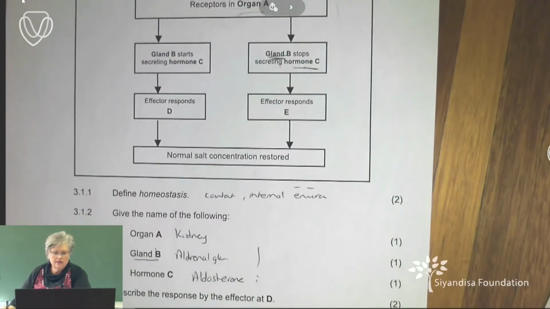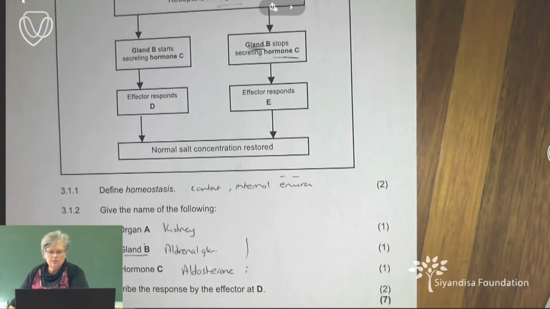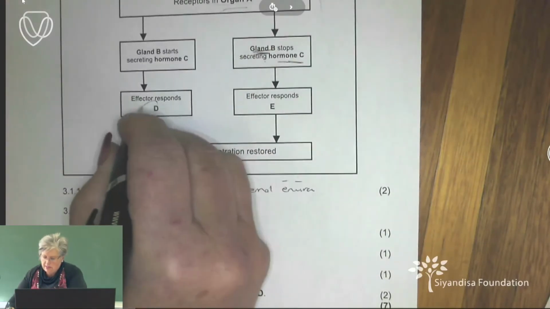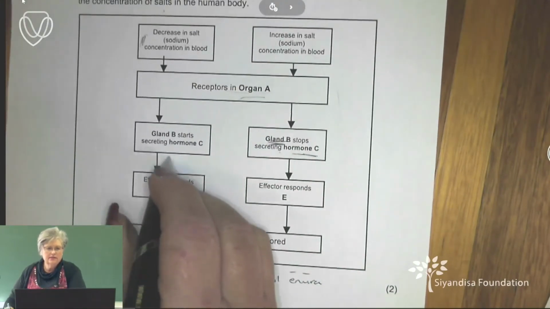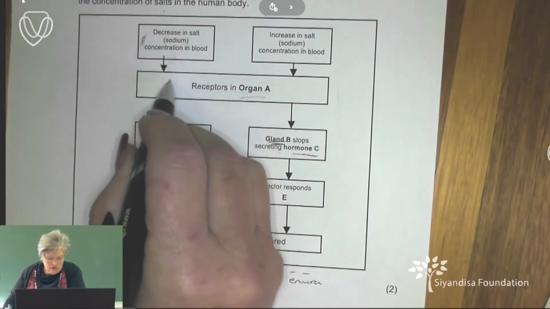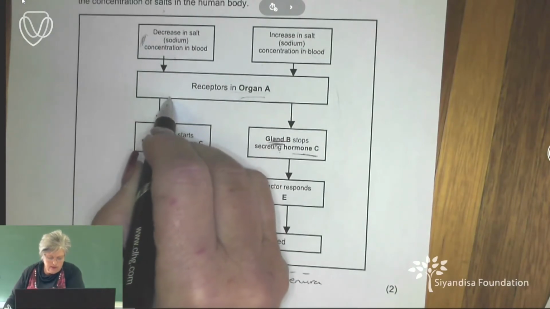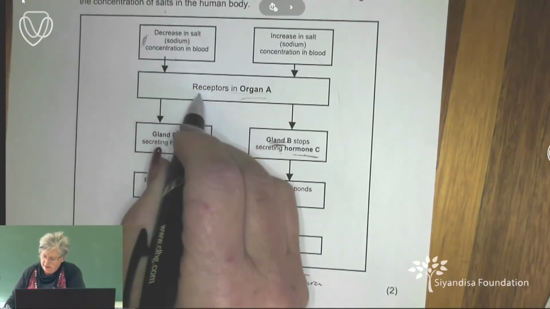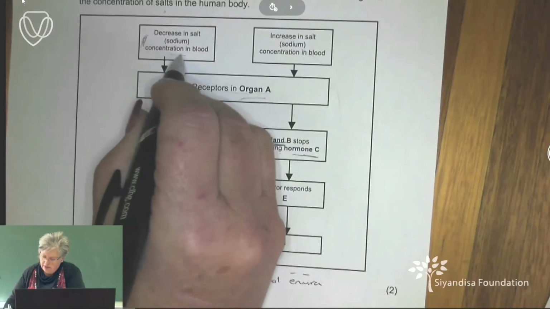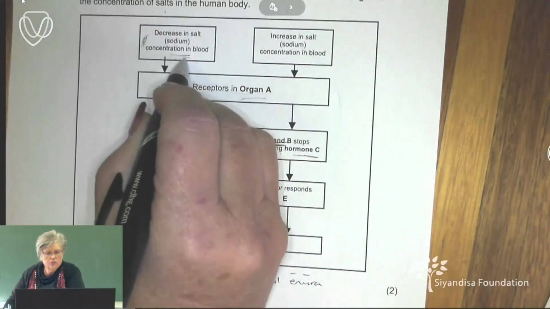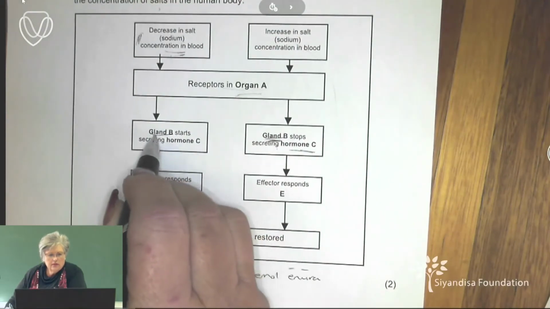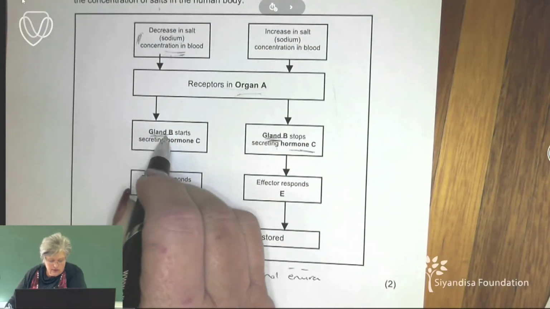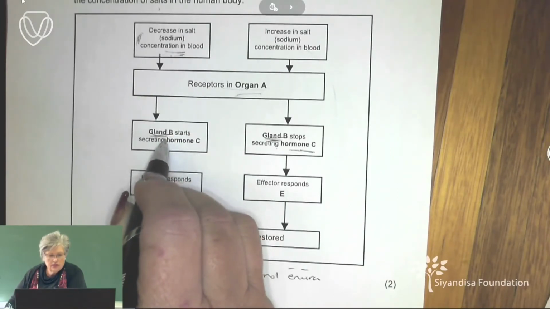And then lastly, describe the response at effector D. Okay. So it said here there's a decrease. What will happen? There's a decrease of sodium in the blood. So we need more sodium. So what will gland B do? Gland B will secrete aldosterone.